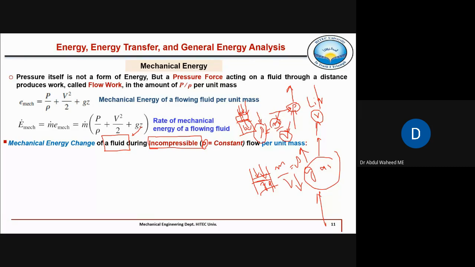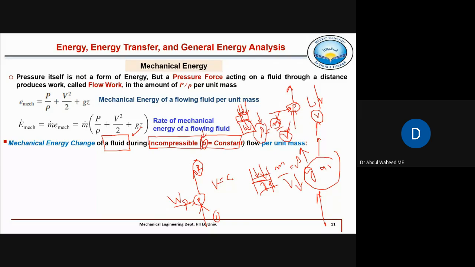So incompressible fluid simply means their density remains constant. तो प्रेशर तो चेंज हुआ, ये पंप क्या कर रहा है? पंप बेसिकली आप एनर्जी सप्लाई कर रहे हैं in the form of work, it raises the pressure of the fluid from state 1 to state 2, but volume does not change, volume stays same, okay, so that type of fluid is known as incompressible and that's why we say its density remains constant.